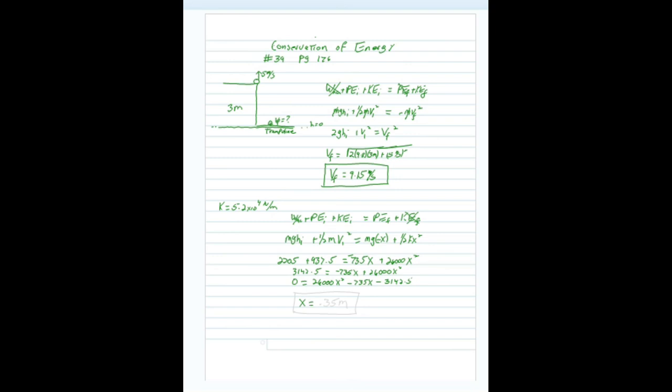There's going to be two solutions, one of which is nonsense because x will be negative, and the other will be x positive, which is the one we're looking for. So when we plug in our numbers and solve it, we get 0.35 meters for x, which is how much he compresses the trampoline.